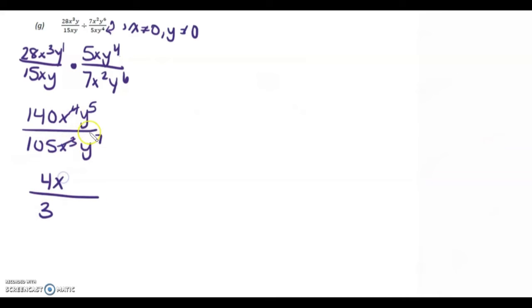Those cancel to an x in the numerator, and then that cancels to y squared in the denominator. And then we always want to put the restrictions in our last step. So 4x over 3y squared, such that x does not equal 0 and y does not equal 0.